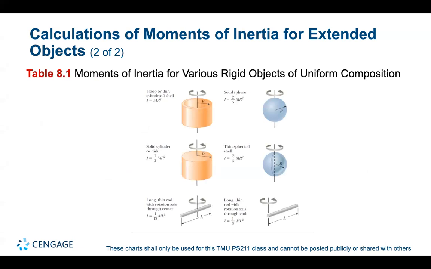Okay, so now let's think a little bit more about calculations of moments of inertia for extended objects. The moments of inertia for some other common shapes are given in this table.